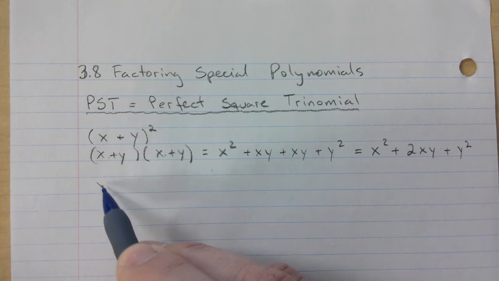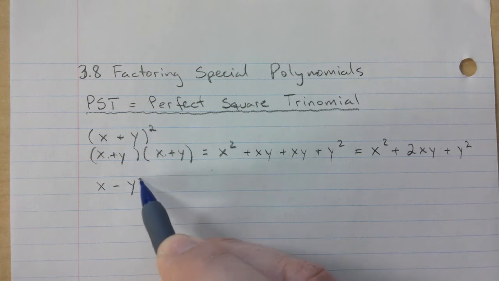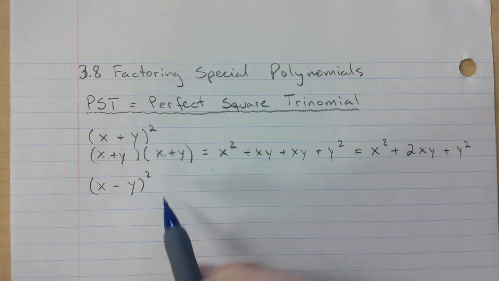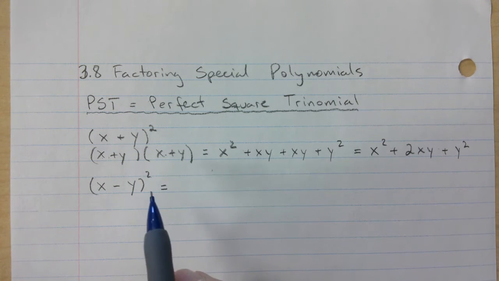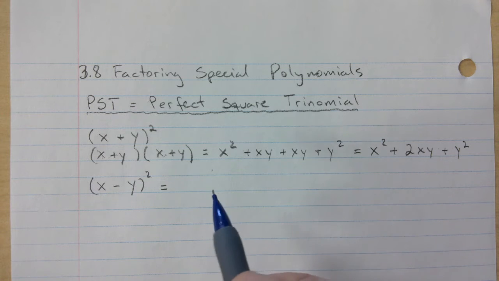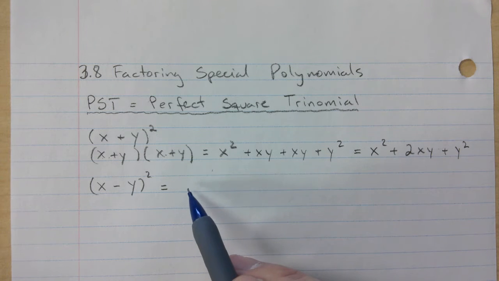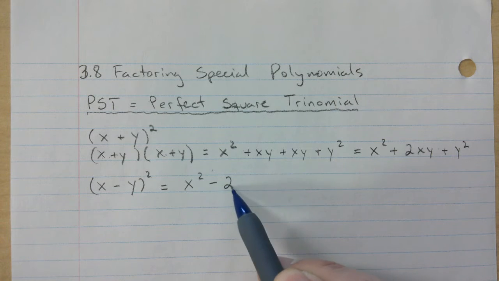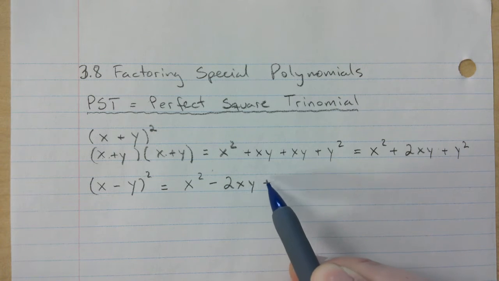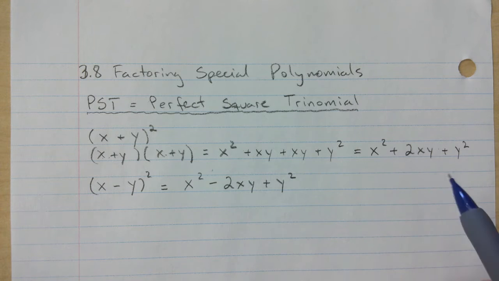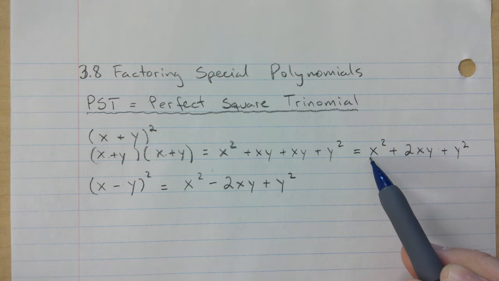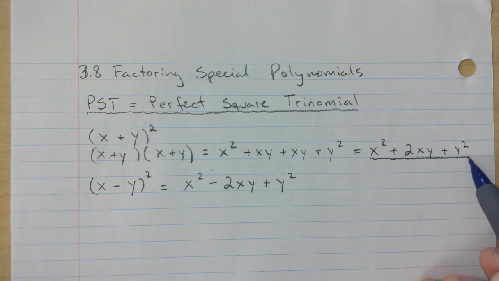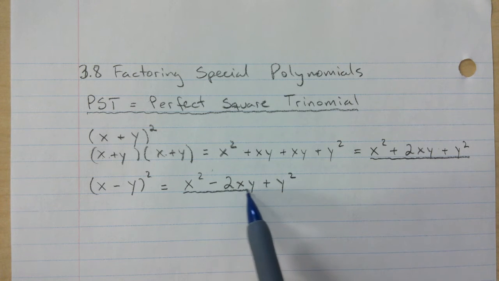The other scenario you can encounter is (x minus y) squared. And instead of multiplying it all out, I'll just give you the final version of that. That would be almost the same except for the sign. So I want you to underline this and underline this.